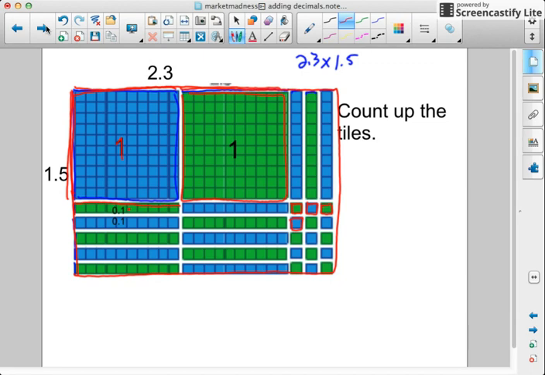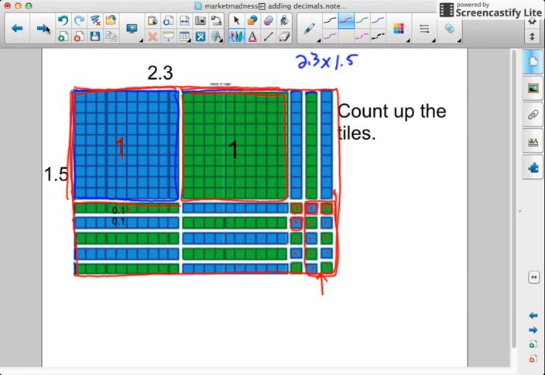I'm going to start with my hundredths, because we might have to regroup these to make bigger tiles. So I have 1, 2, 3, 4, 5, 6, 7, 8, 9, 10, 11, 12, 13, 14, 15 of them. If you remember back to decimals, 10 of them create 1/10, one of these. So I'm going to take 10 of them: 1, 2, 3, 4, 5, 7, 8, 9, 10.